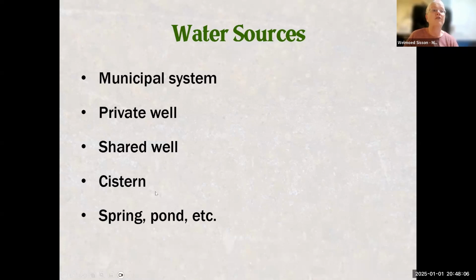You might even have a cistern for catching rainwater, or you can get water from a spring or a pond if you're really, really rural. And if you're getting water from any of these sources, absolutely, I would recommend getting water treatment equipment for your client, just because you want to make sure that the water's as good as it can be.